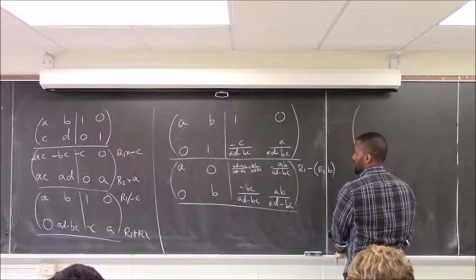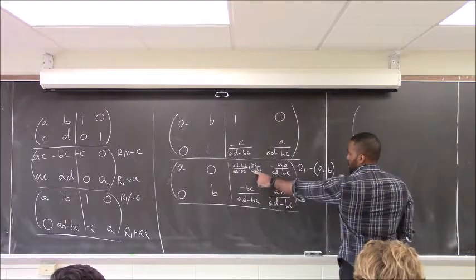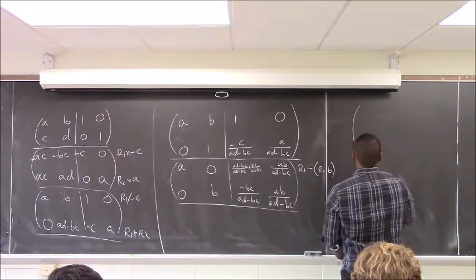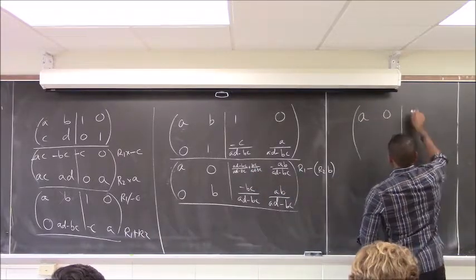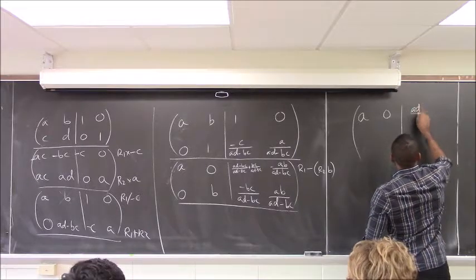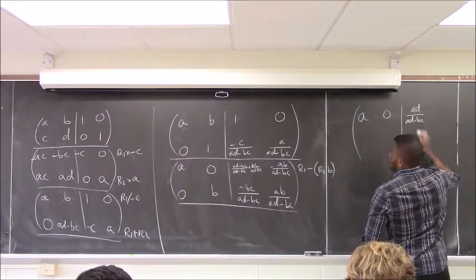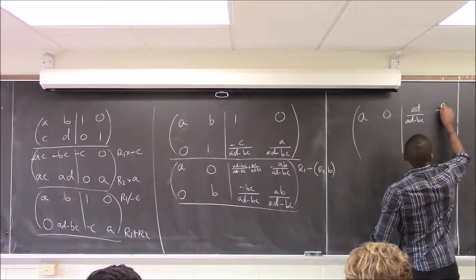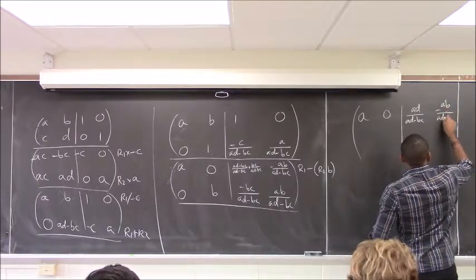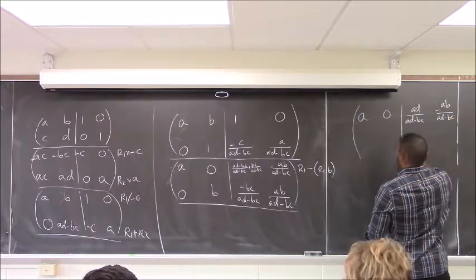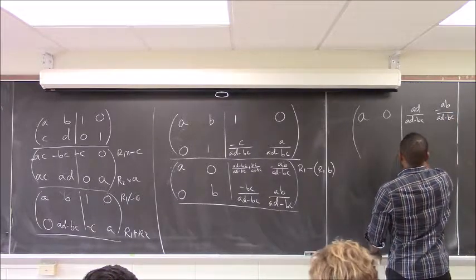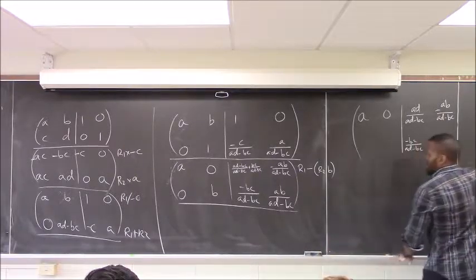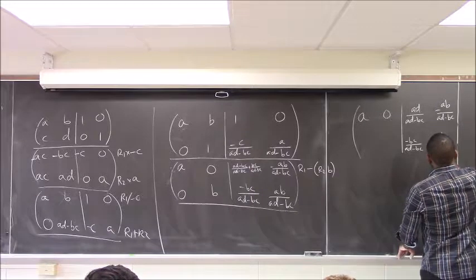Now moving over here, this guy simplifies to AD over AD minus BC. This guy is just going to be minus AB over AD minus BC. This guy is AD minus BC, and this is AB over AD minus BC.